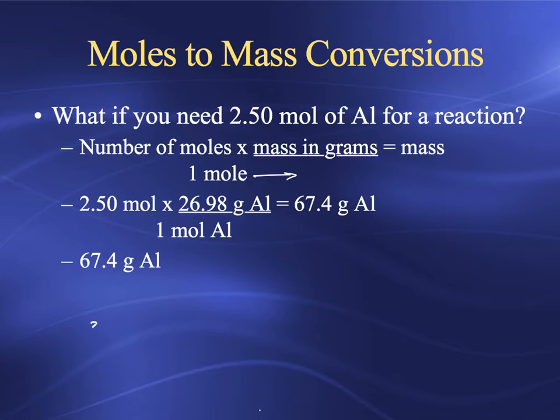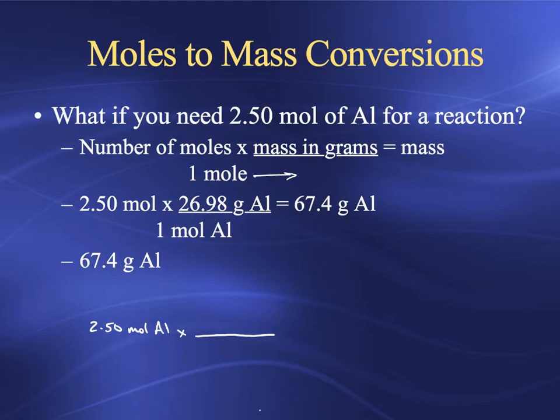If I want 2.50 moles of aluminum, and I need to figure out how many grams of aluminum I need, I go over to my periodic table to element 13, aluminum, and I see that its atomic mass is 26.9815.